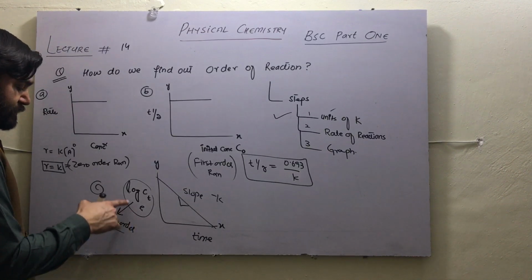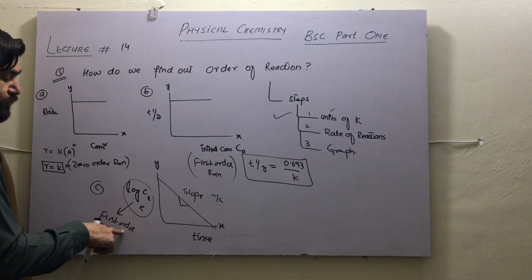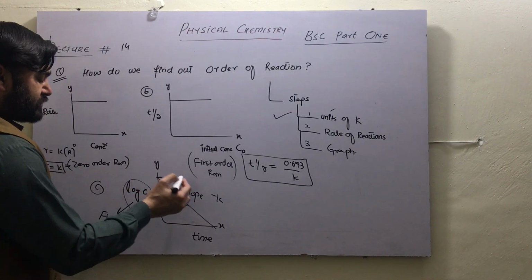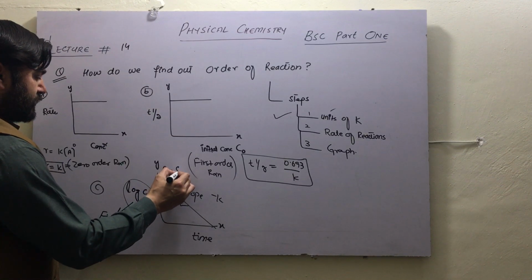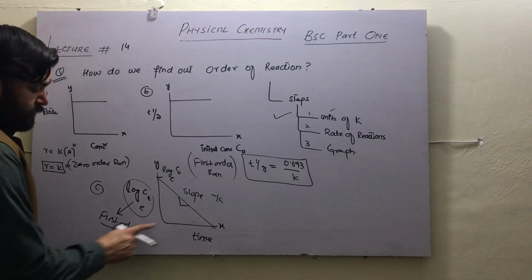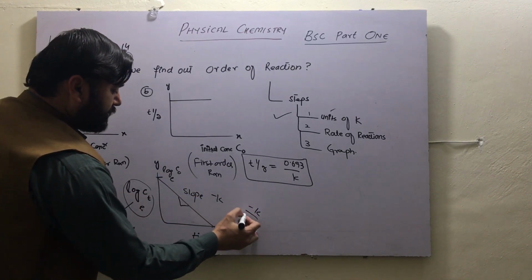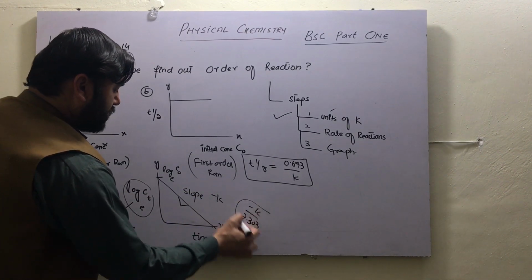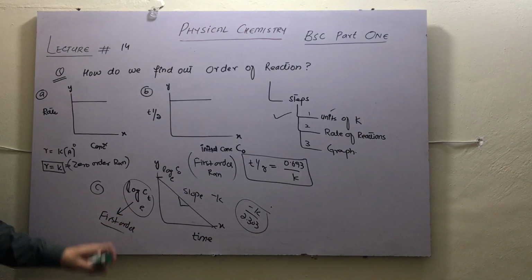Always remember that whenever there is log to the base 10 or log to the base e, that is a first order reaction. The initial value C0 can also be given. For log to the base e the slope is minus k, and for log to the base 10 the slope is minus k divided by 2.303. So from this graph we can see it is first order.